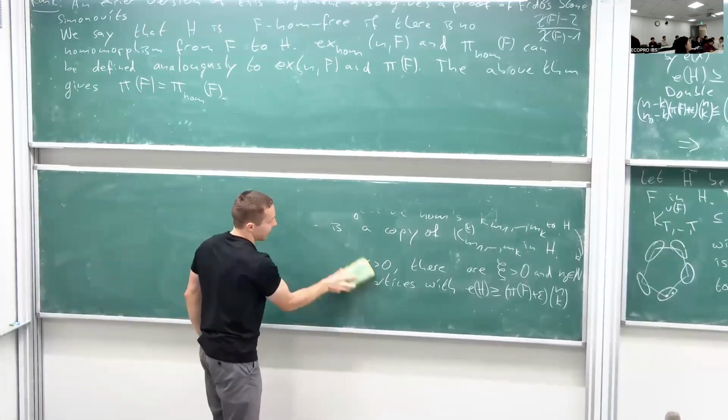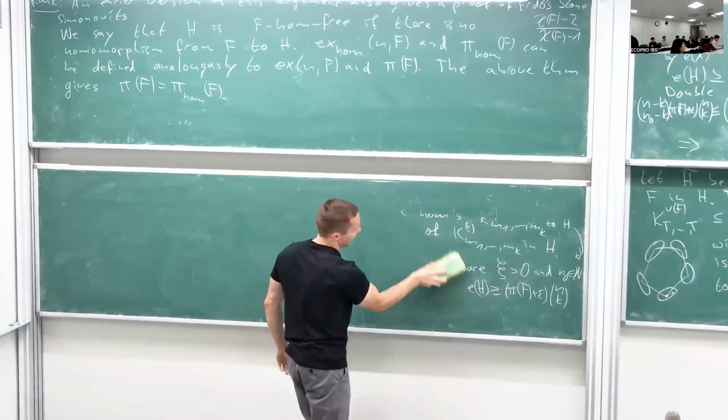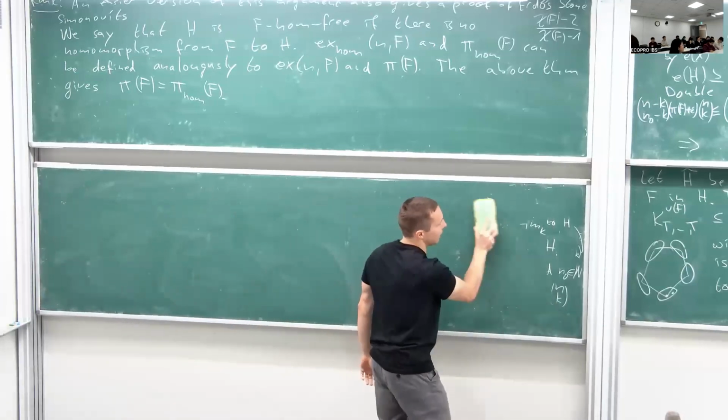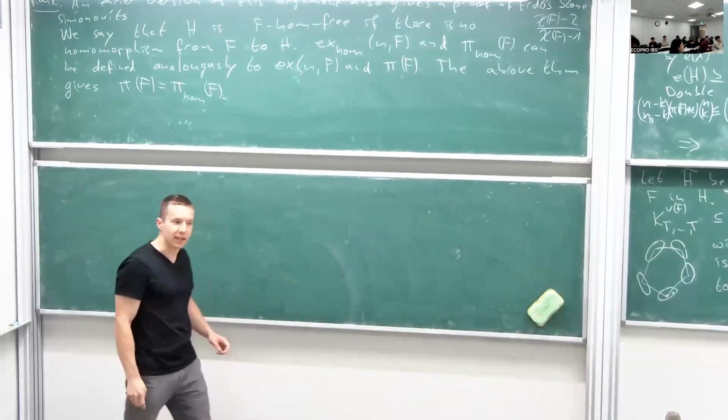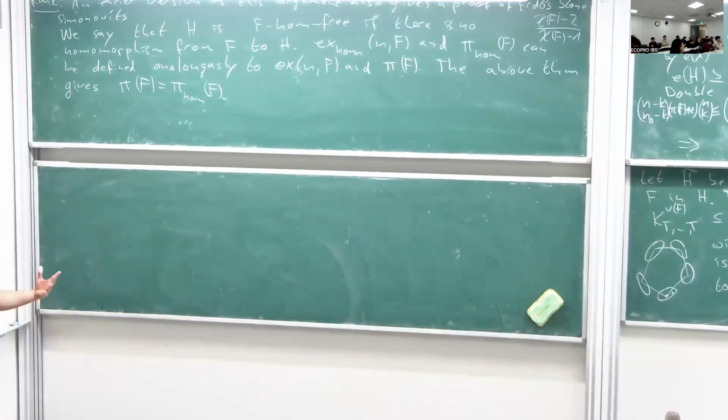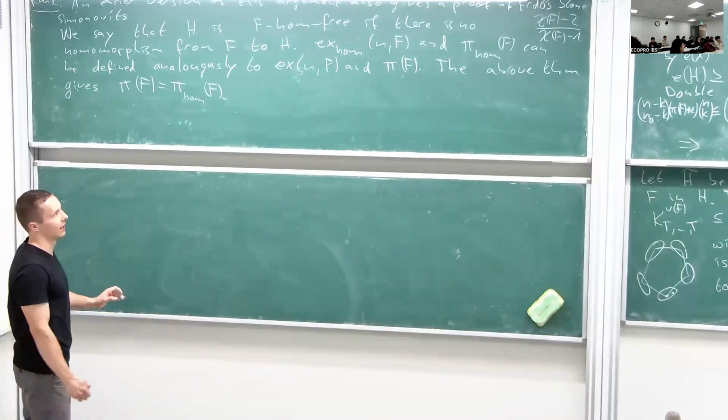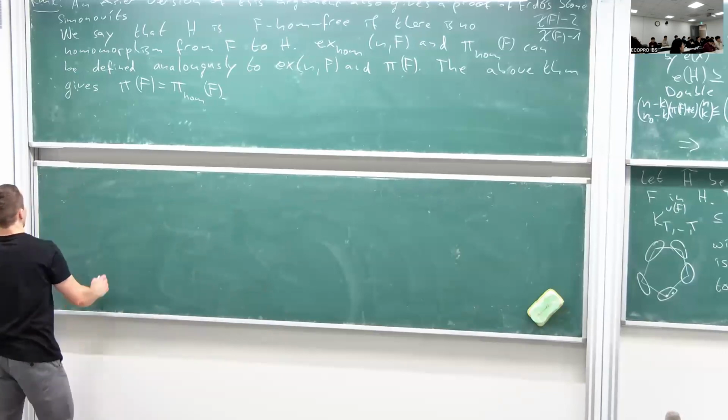So now we'll start to actually determine some Turán densities, because even though we saw last time that some of these really simple looking examples are still open, actually we can determine the Turán densities of some hypergraphs.